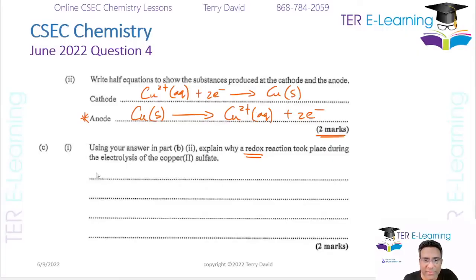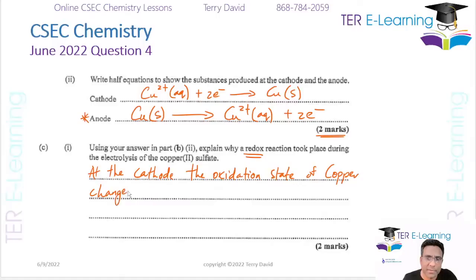So in the first reaction, at the cathode, the oxidation state of copper changes from, so we're talking about this first reaction here, the copper is changing from +2 to 0, right?